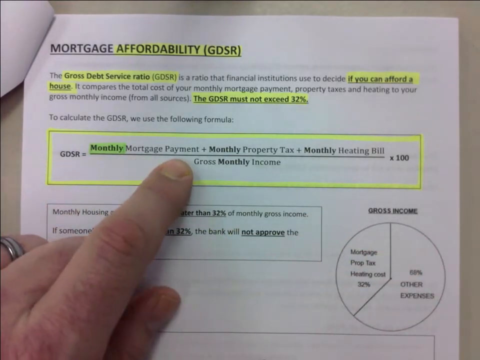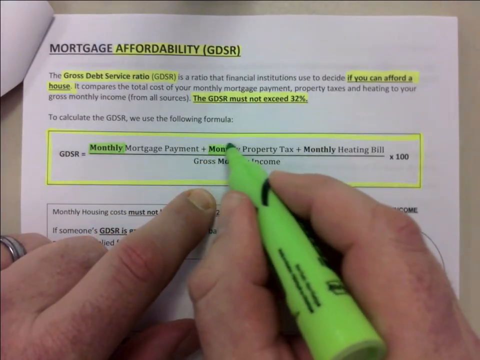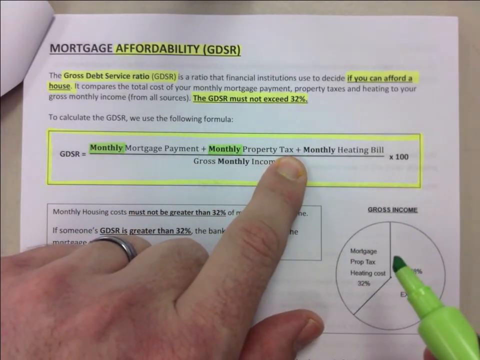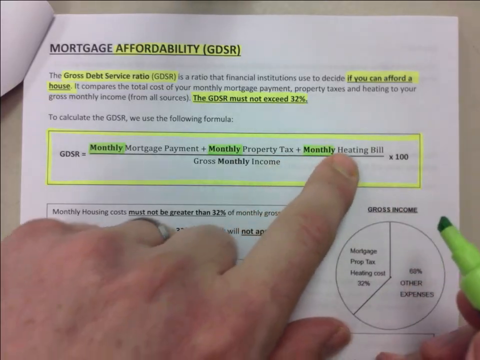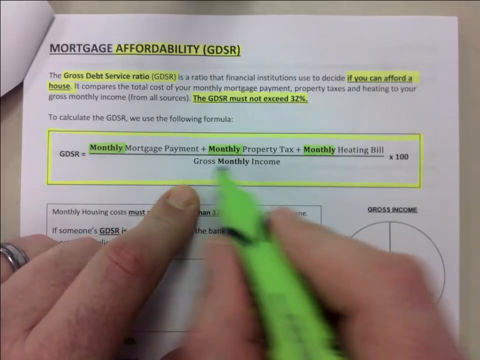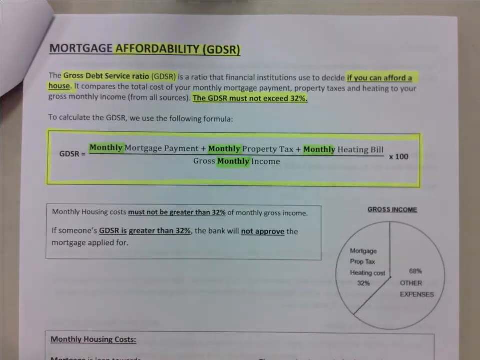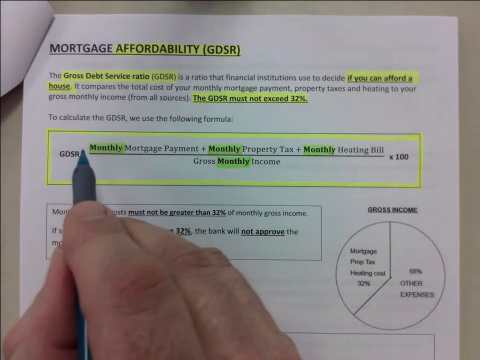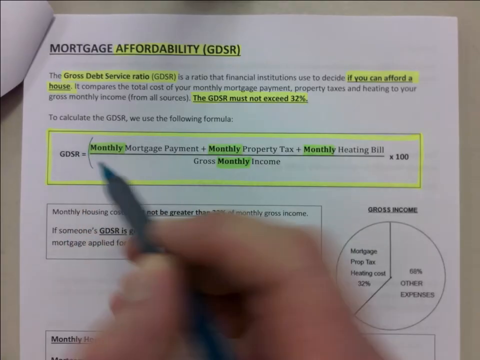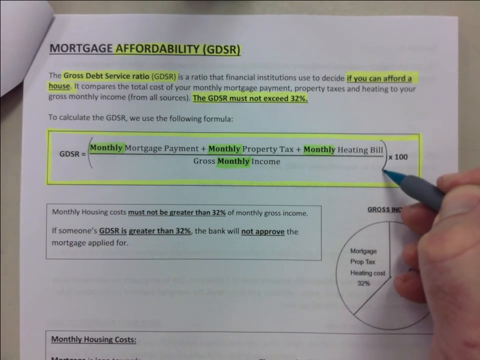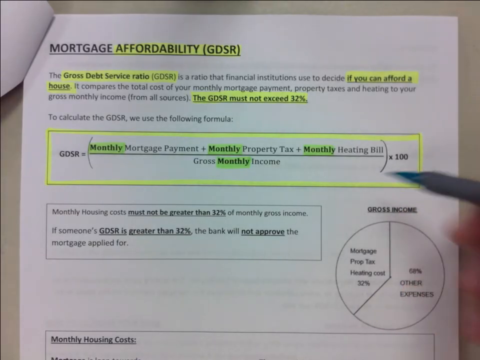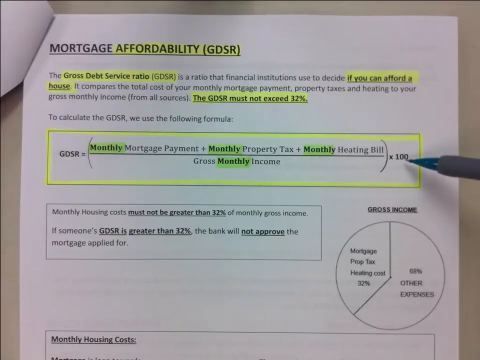Your monthly mortgage payment plus your monthly property taxes plus your monthly heating bill, all of this is going to be divided by your monthly income. One thing that's missing here, please put giant brackets around this whole thing, because I want you to first do all of this and then multiply by 100. Okay?